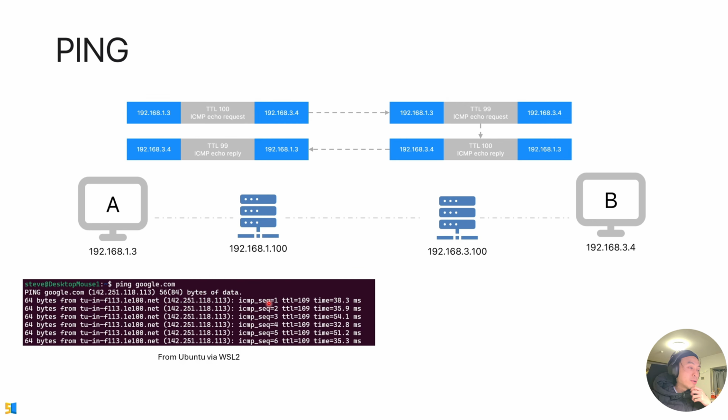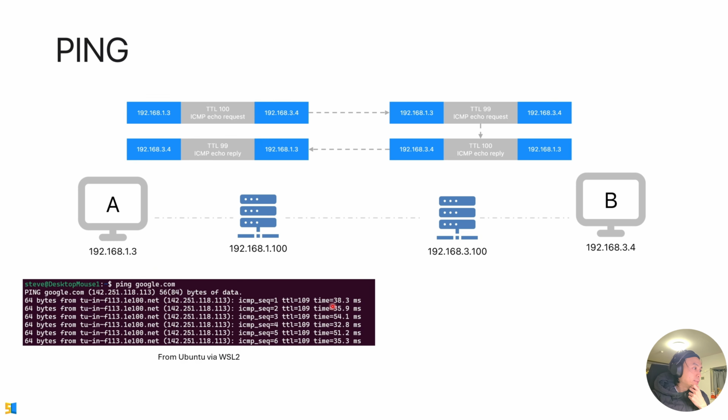And then this is the sequence of the ping requests that we send, 1, 2, 3, 4, 5, 6. And then this is the TTL that I received from Google. So the TTL has been decreased to 109. And this is the time it needs to travel round trip from my computer to Google and from Google to my computer.